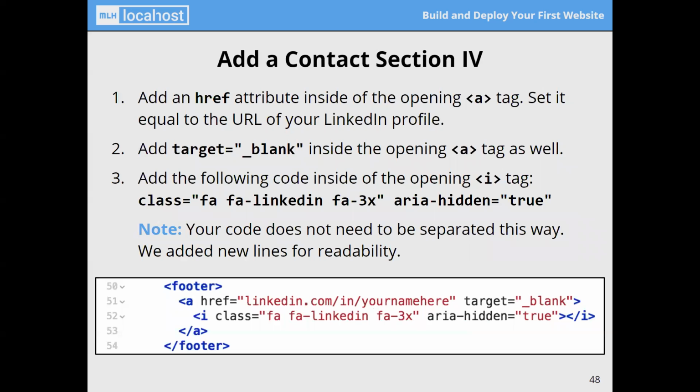All right, and once we've got that done, go ahead and add an href attribute inside the opening A tag and set it equal to the URL of your LinkedIn profile.